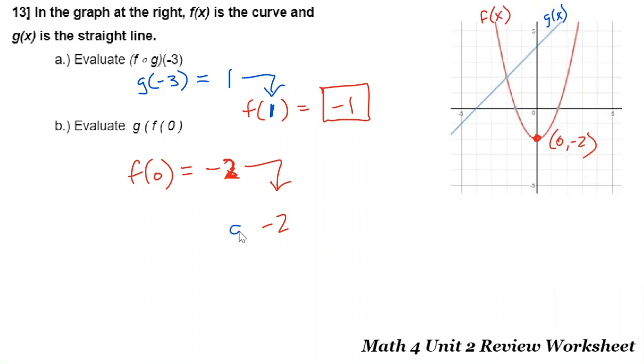We're going to plug it into the g function, which is the straight line. Straight line, when x is -2, g is right there. And the y value is 2. So that is how you do that. You find the guy on the right goes first, and then you plug him back into the guy on the left. Okay.